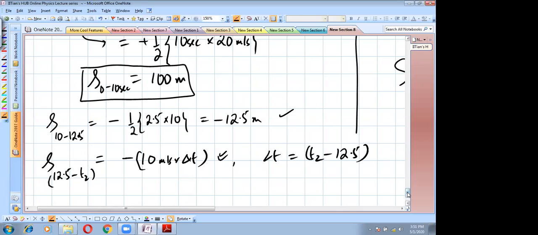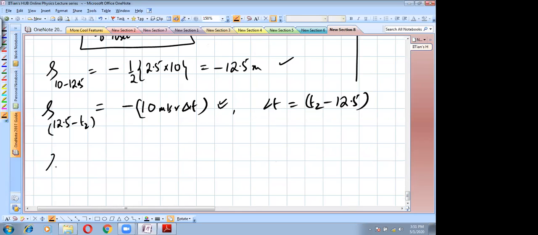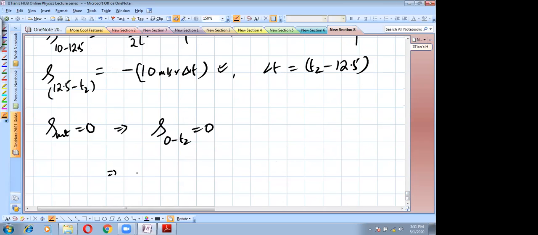Now, what should be the net displacement? Should be 0. That means the displacement from 0 to T2, that net displacement, should be 0. That means displacement from 0 to 10 plus 10 to 12.5 plus 12.5 to T2.